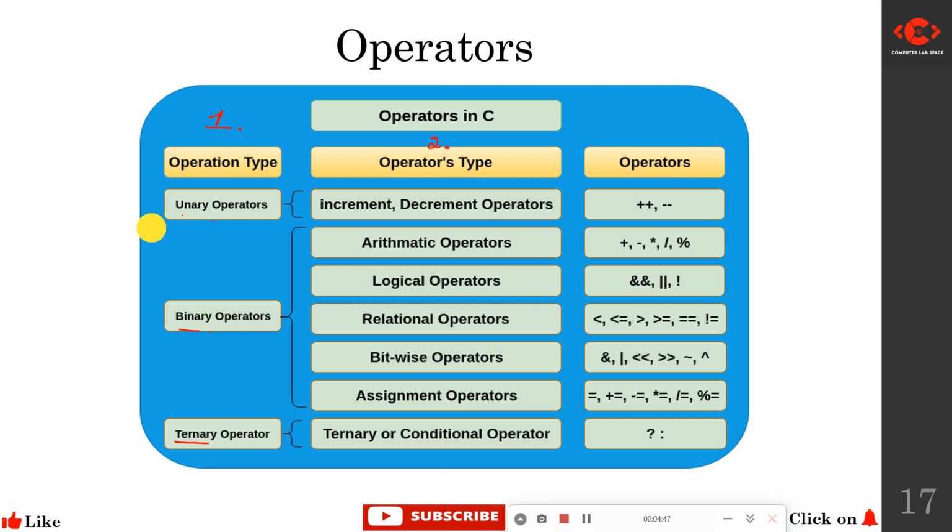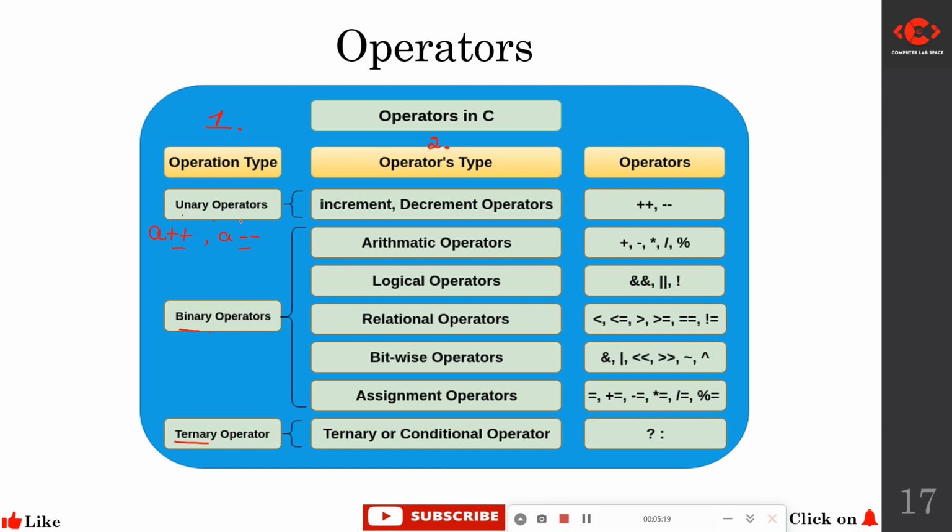For example, for this we can say a plus plus or a minus minus. On a single operand a, the increment operation or the decrement operation is performed. So based on a single operand, we perform the operation. This is what we call a unary operator.